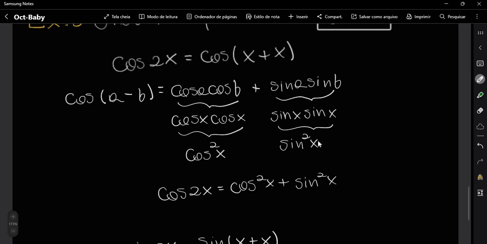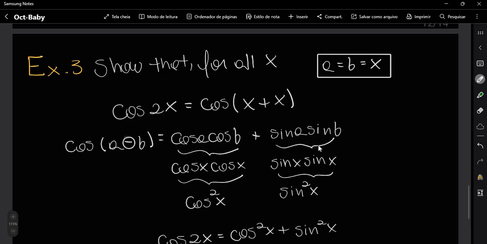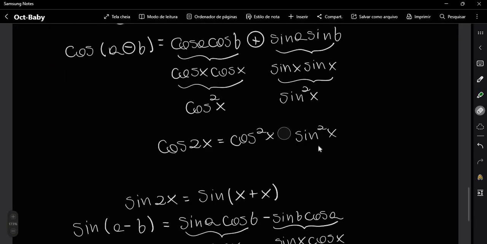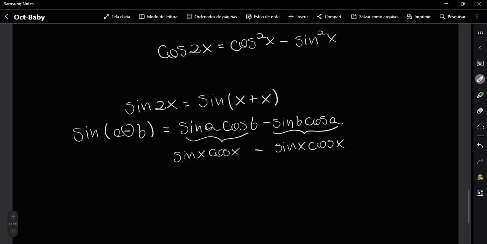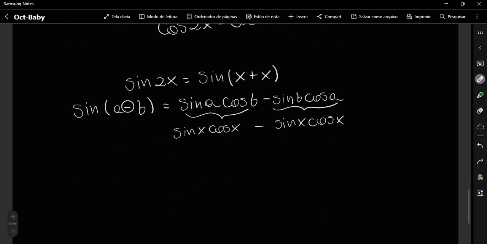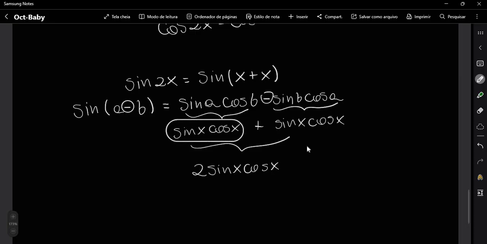And actually, right here I commit a mistake because of this signal right here, and because of the property, we will obtain right here a negative signal, and right here because this is minus, and the property right here is minus, the signal will change, and this is equal to sine of x times cosine of x, because these terms, if you can notice, they are repeating.